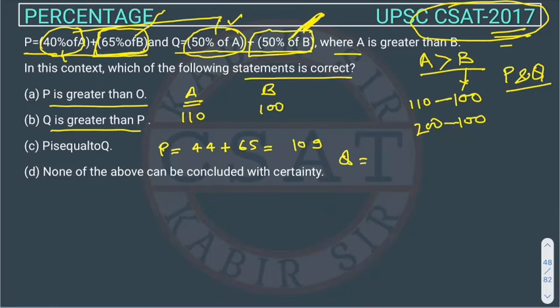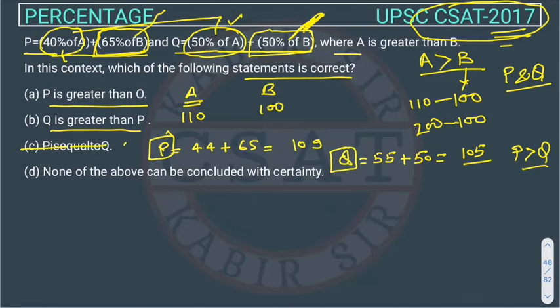Q will be 50% of A, so this will be 55, and 50% of B, where B is 100, will be 50. So what value are we getting? 105. So in this case, P is greater than Q. In our first case, we received P greater than Q. So P is equal to Q, we can cancel this one, and Q is greater than P, we can also cancel this.